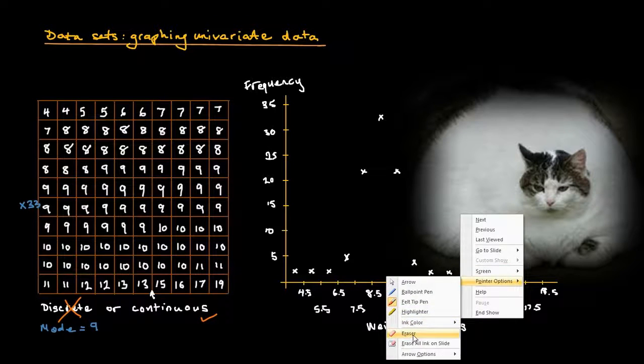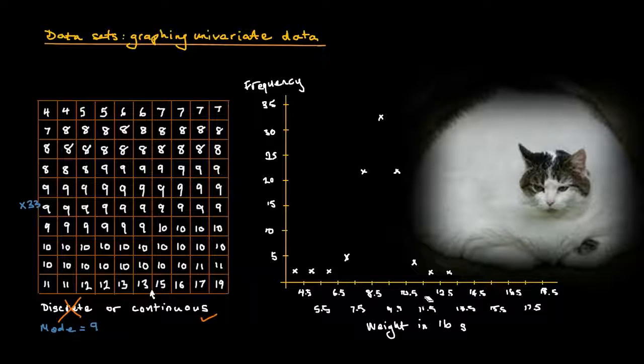Okay, so we need to record that at 0. So that will be down here. Now we've got 1 15 in this category, 1 16, 1 17, no 18s, and 1 poor cat that's in the 19 category, so that will be about there.